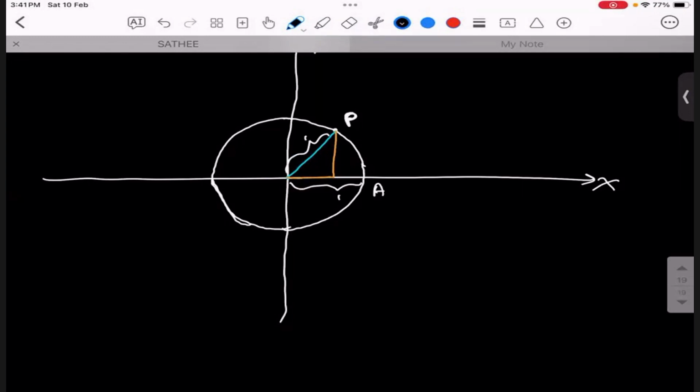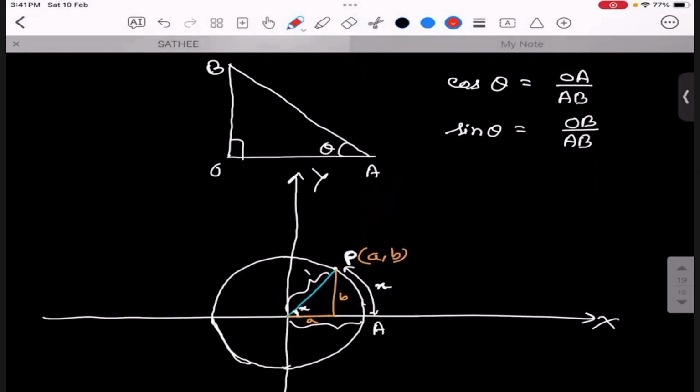If the distance covered, this arc length, is x, then the measure of this angle will be x radian. Now if this distance is a and this distance is b, then the location of this point will be a comma b.